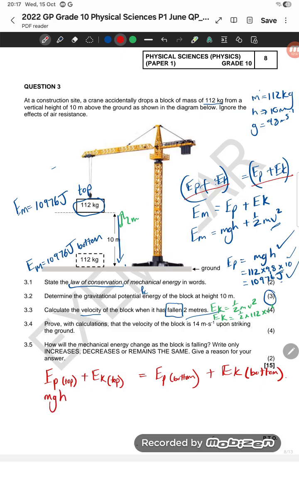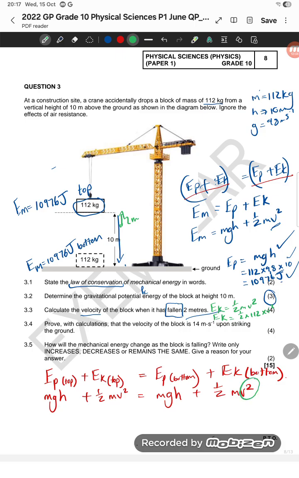I've got mgh plus half mv squared. Please remember the squared. Mass, gravitational acceleration, height, plus half mass in kilograms times velocity squared is equal to mass, gravitational acceleration, height, plus half mass times velocity squared. So I'm looking to find my velocity squared.